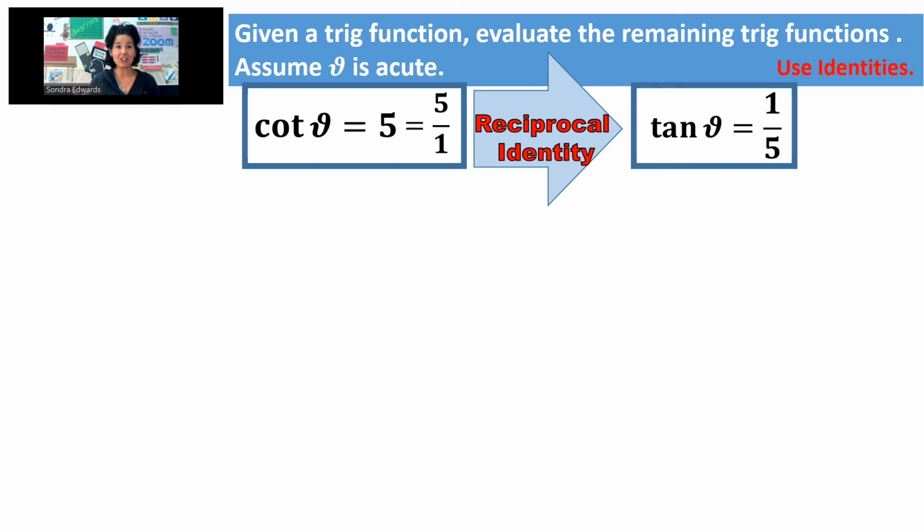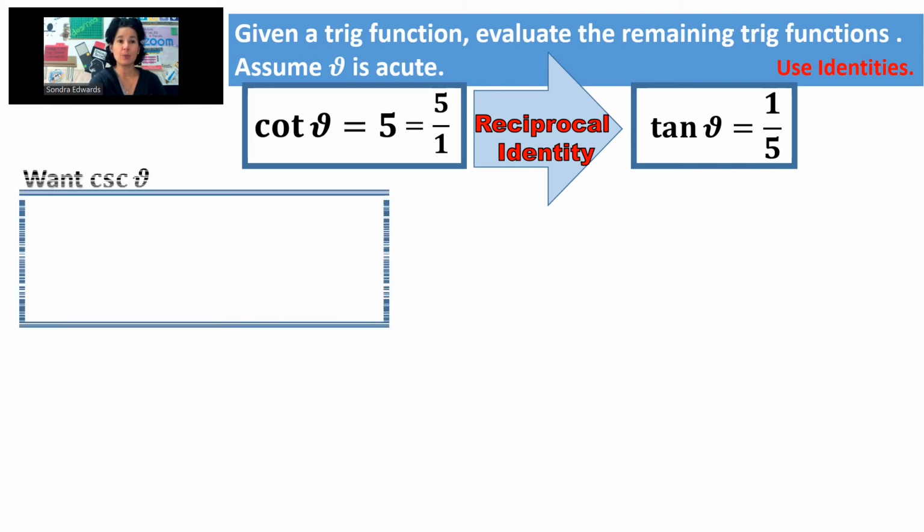Next, I still need 4 more trig functions. It doesn't matter which one you decide to go for next. So for no particular reason, I am going to pick cosecant of theta.